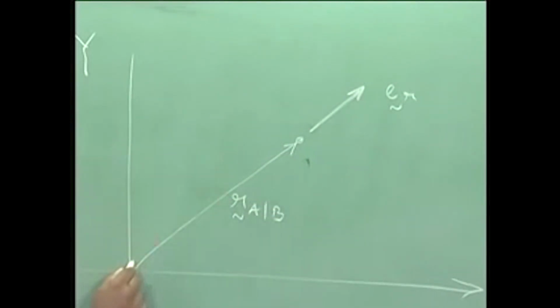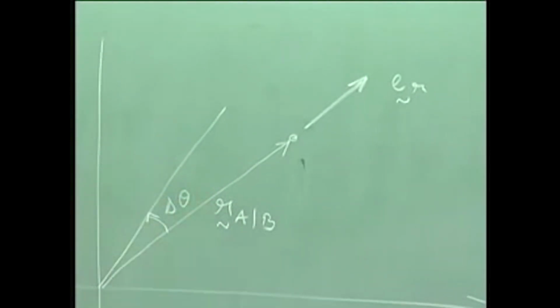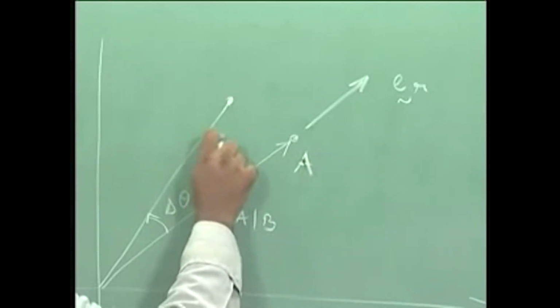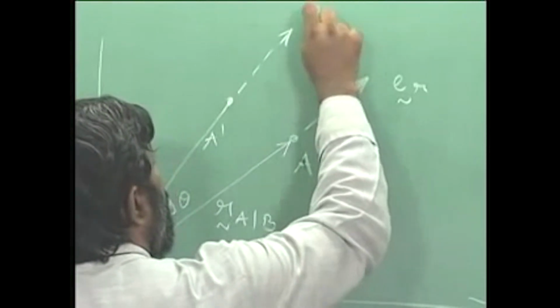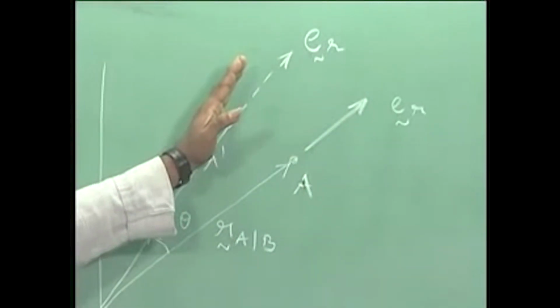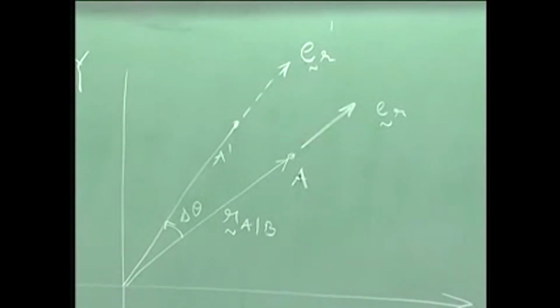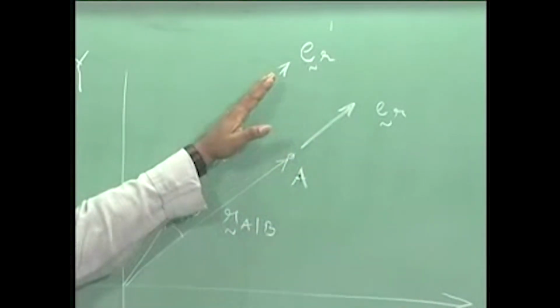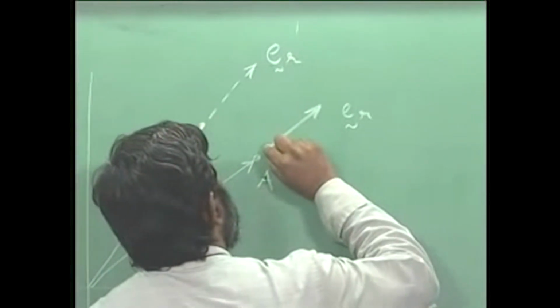Once it has rotated by, let us say, a small delta theta, it will reach this particular point, let us say this is A prime as we have discussed earlier. You find that ER has now shifted in its direction. Let me just put it as ER prime. If I superimpose the directions, I will find that this direction is like this.